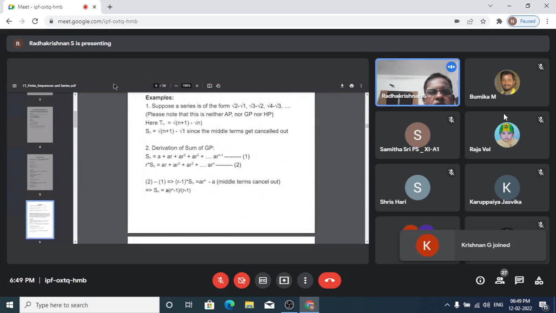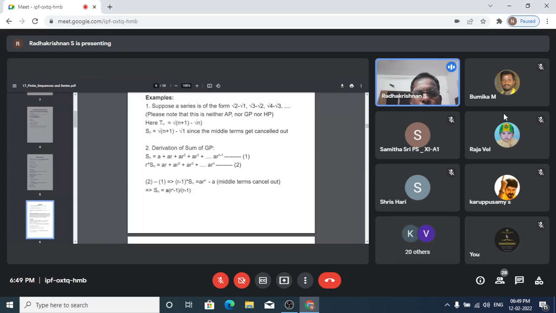We have used a similar technique in the derivation of the sum of a GP. Just see this. If we take a geometric progression, the sum to n terms is Sn = a plus ar plus ar square plus ar cube plus etc. up to ar to the power of n minus 1. Now if we multiply this Sn by r, it becomes ar plus ar square plus ar cube plus etc. up to a into r to the power of n.